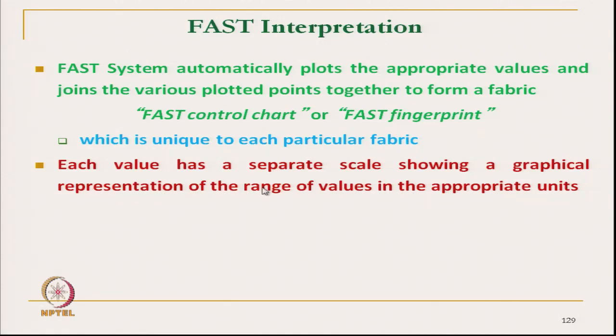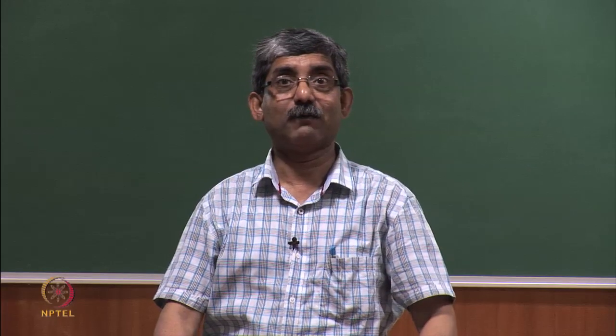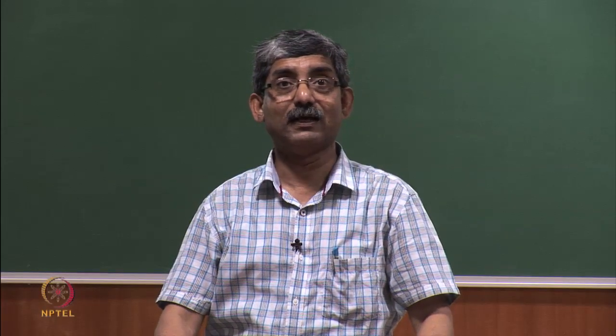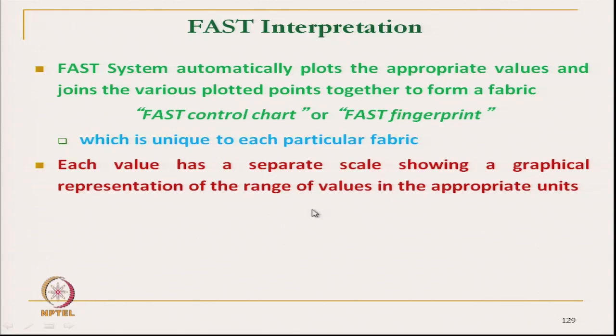Each value has a separate scale showing in the graph. I will show you the graph. Okay. Separate scale, separate parameter, they have got separate scale representing the range of value in appropriate units. It gives, say, warp and weft direction.